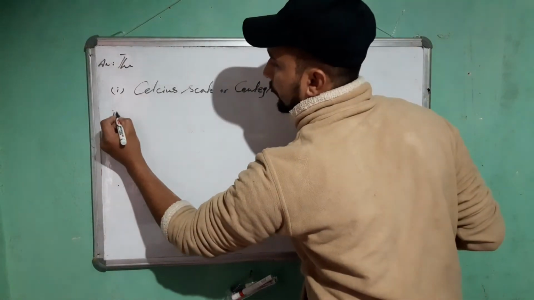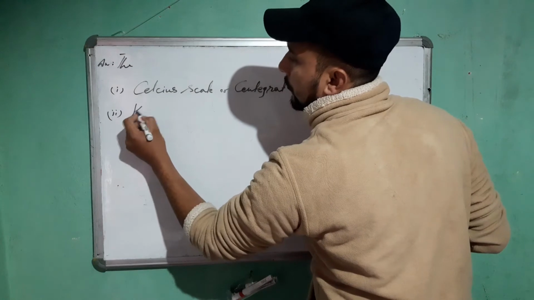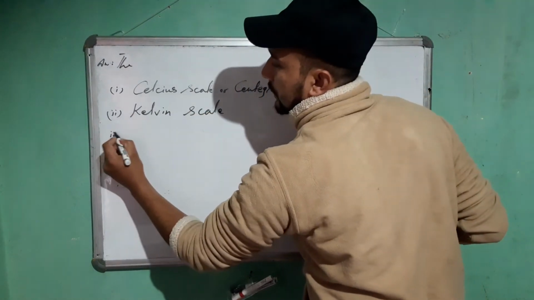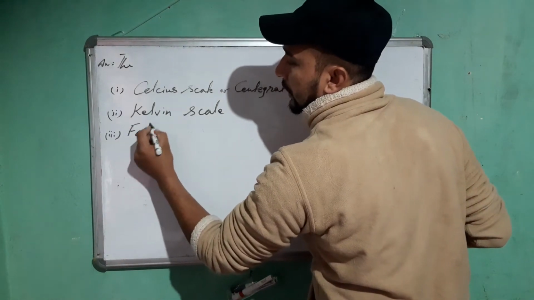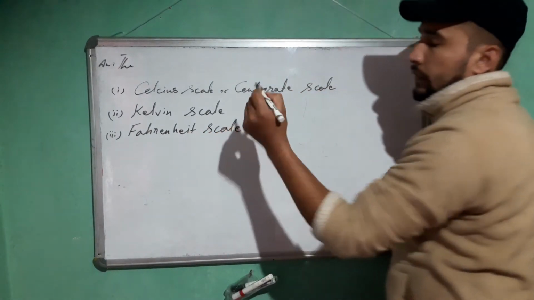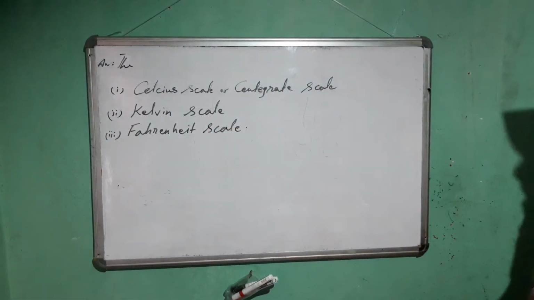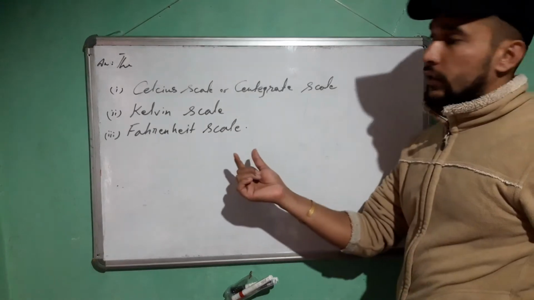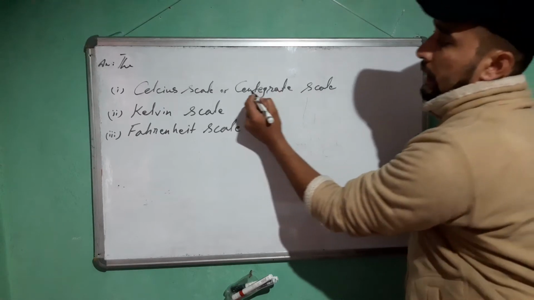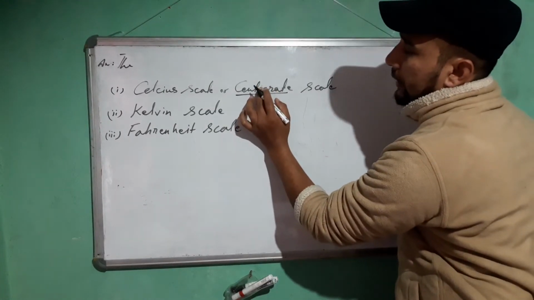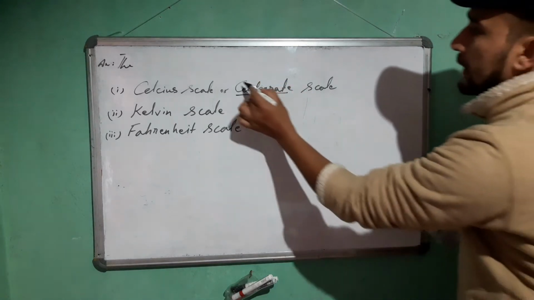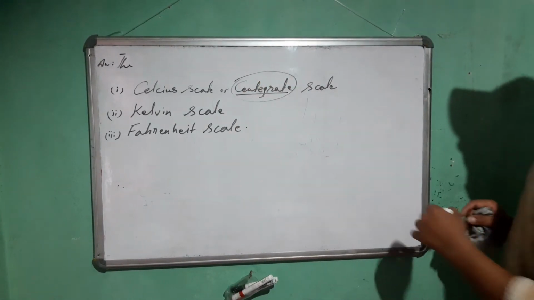Number two, Kelvin scale, and number three is Fahrenheit scale of temperature reading. Okay, three different types of scales we use for reading temperature. One is Celsius scale or centigrade. This spelling you check it in your book. Okay, I'm not sure about this spelling, centigrade, check it. Okay, Kelvin scale and Fahrenheit scale.